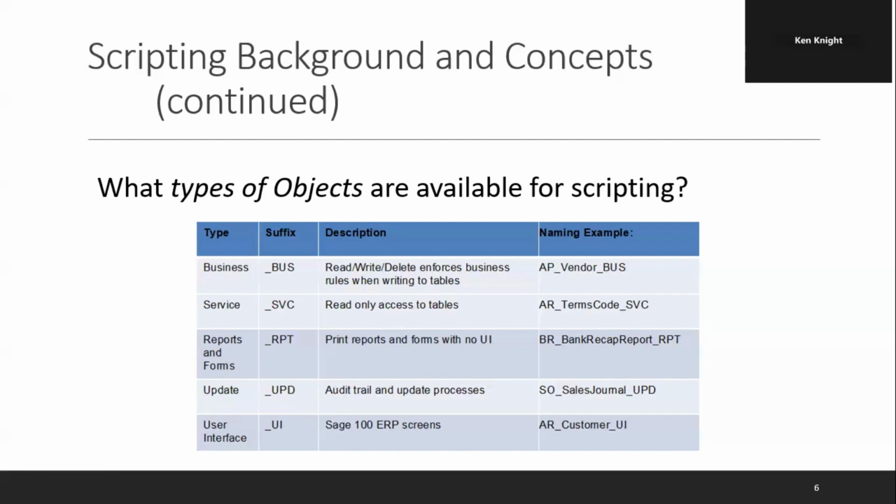I will primarily utilize the business, the service, and the user interface objects. The user interface can be handy if you need to know what data entry screen you're in. Is it sales order entry or sales order invoice data entry? That can be very beneficial. I have very, very seldom, if ever, used the RPT or UPD business objects.